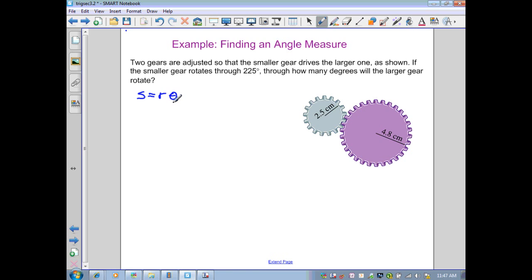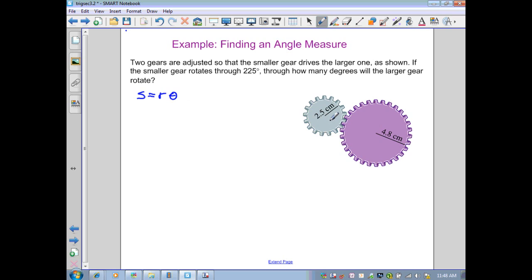The angle is going to be in radians. We can convert that. Theta is the number of degrees that this gear actually rotates and this gear actually rotates. And r, we of course know, is the radius of the gears. We are given information about the smaller gear, that this gear rotates 225 degrees, and when I know that the radius is 2.5 centimeters, I can find the arc length that this rotates.